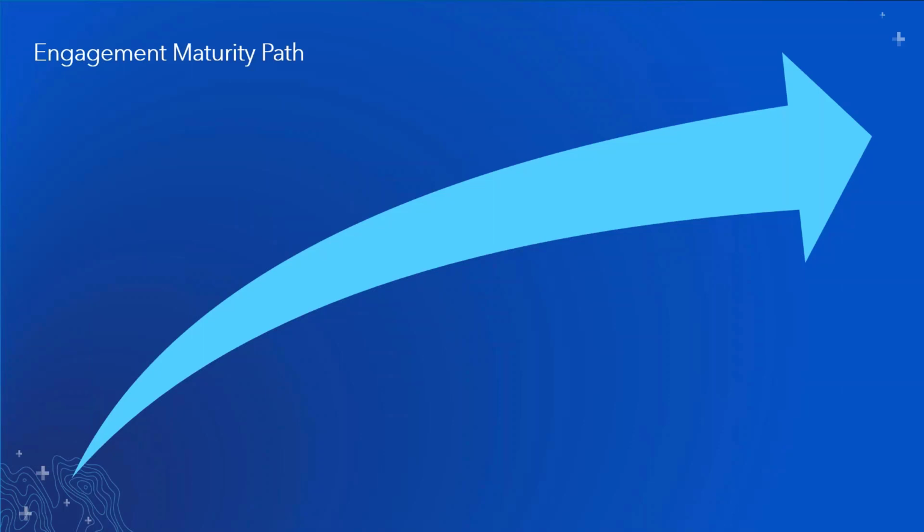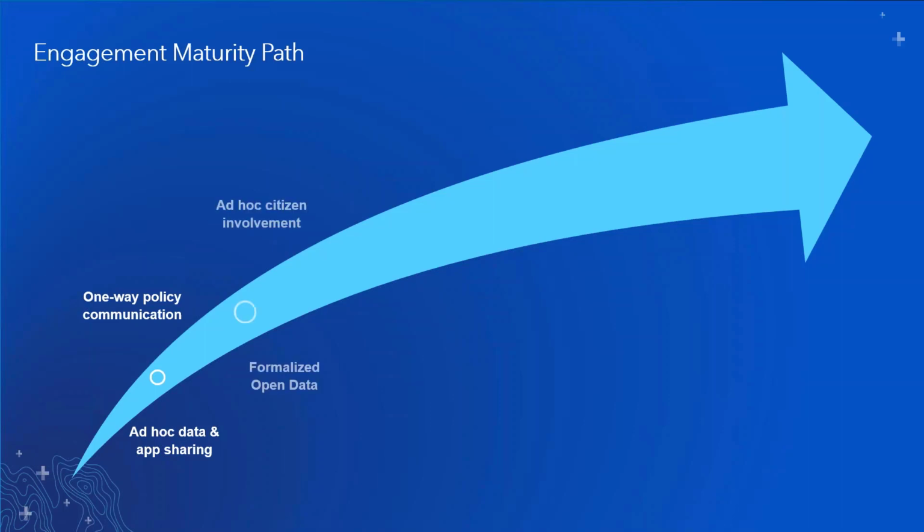I'll refer to this image several times throughout the presentation, but this is kind of a roadmap of where we can go within this open data territory. It begins with one-way communication, sharing data outwards. We have data, it's useful in a lot of ways. Let's make it available to other people that have similar goals as we do, so that they don't have to reinvent the wheel.